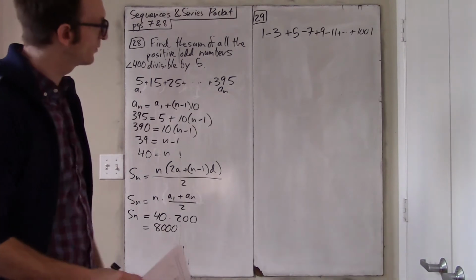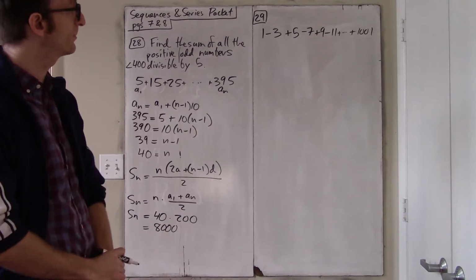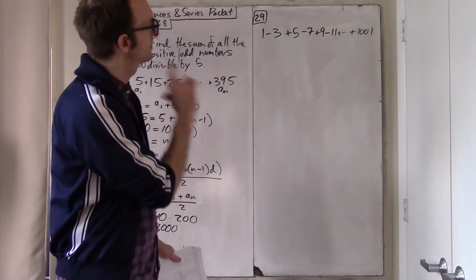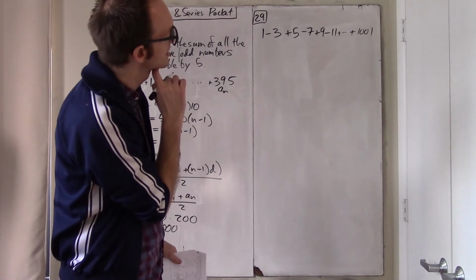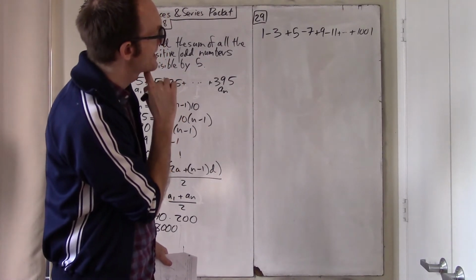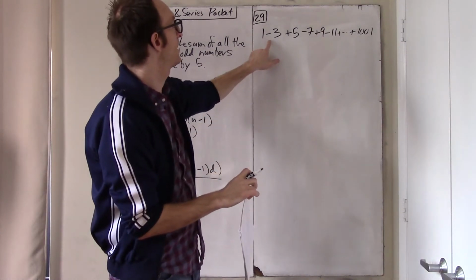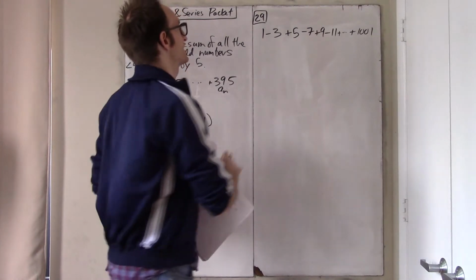But actually, there's something a little bit more interesting going on. The smoothest way to do this: it ends with a plus. So watch, we're going to do it like this.